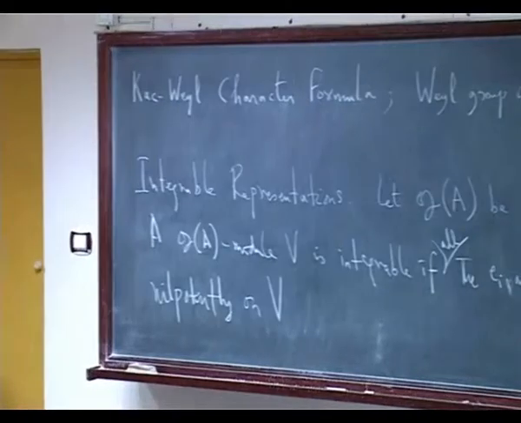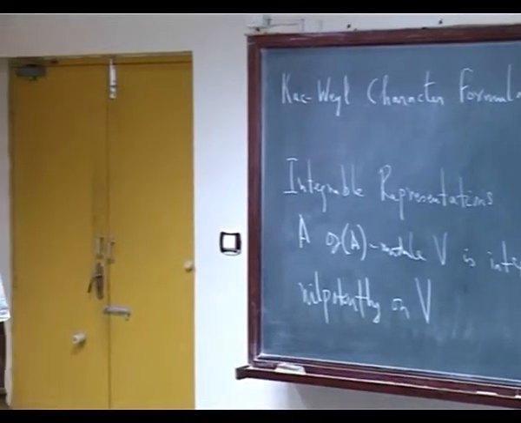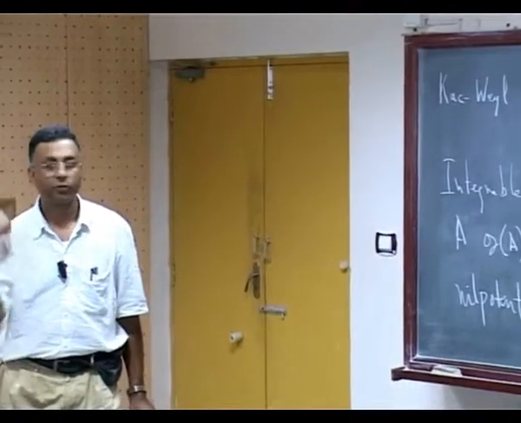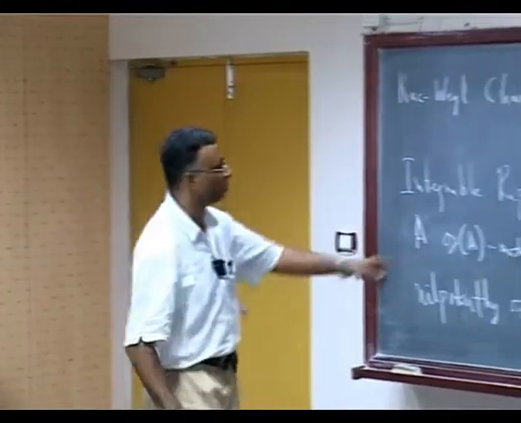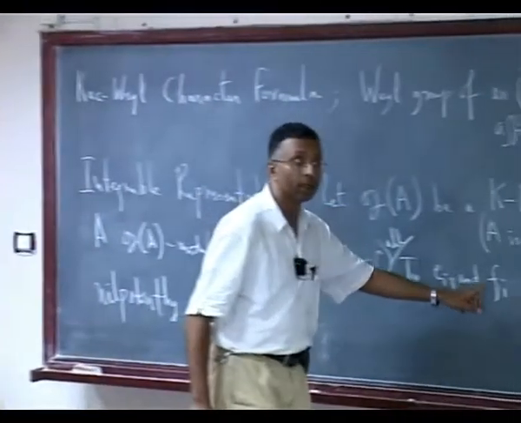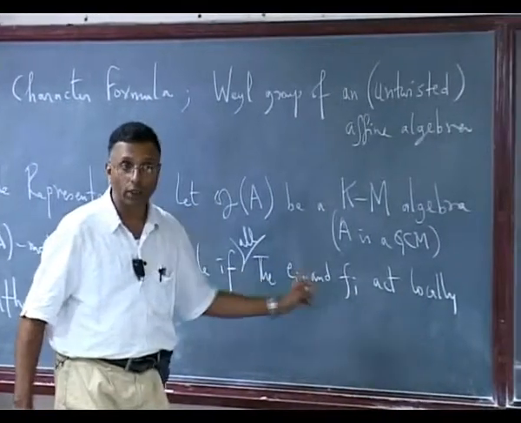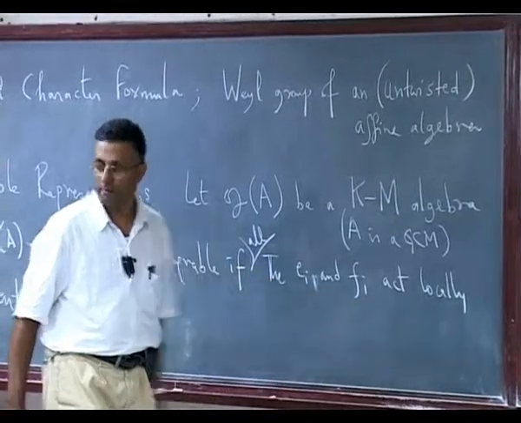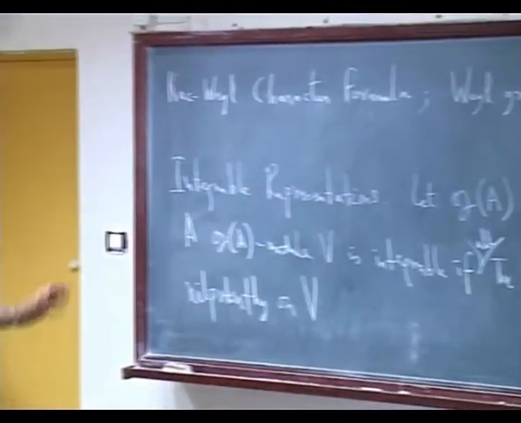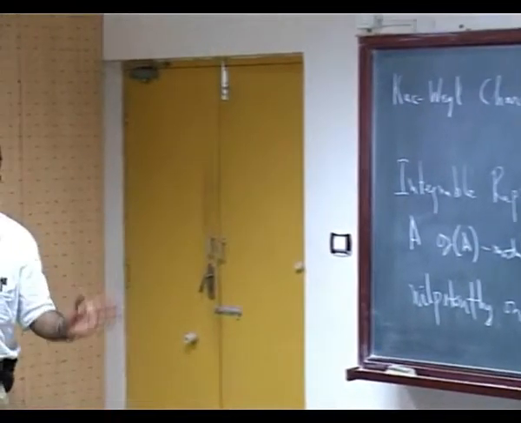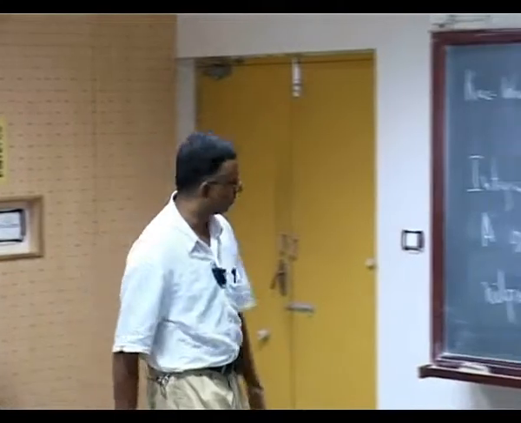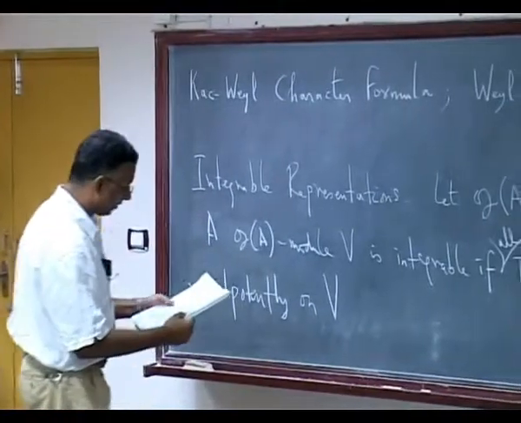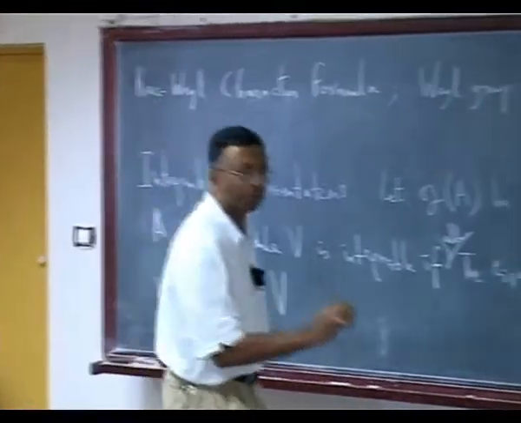What does locally nilpotently mean? Given a v in V, and given an i between 1 and n, where the size of this matrix is n, these are the so-called Chevalley generators, there is a power of E_i that kills v, and a power of F_i that kills v. That power could change with v, it could increase with v. So this is the definition.